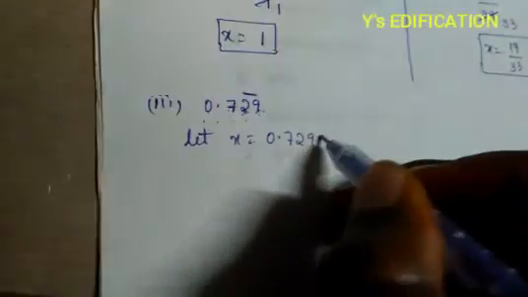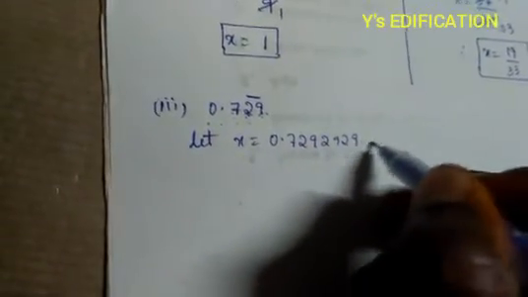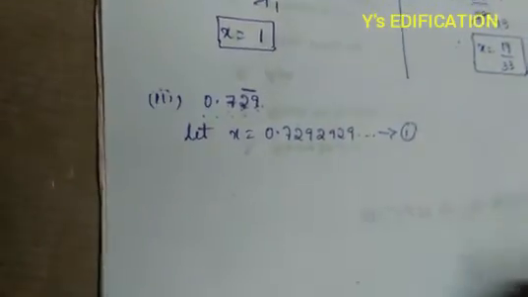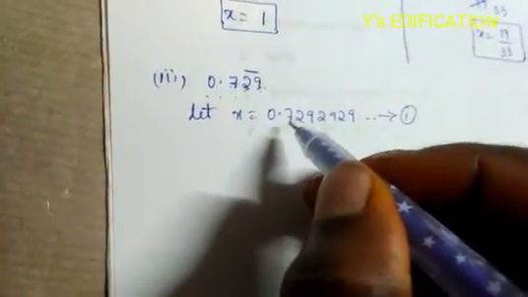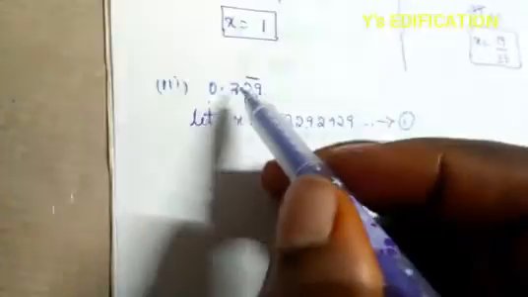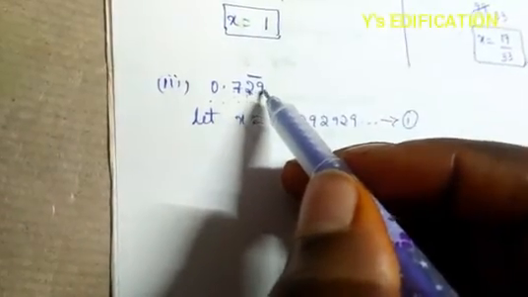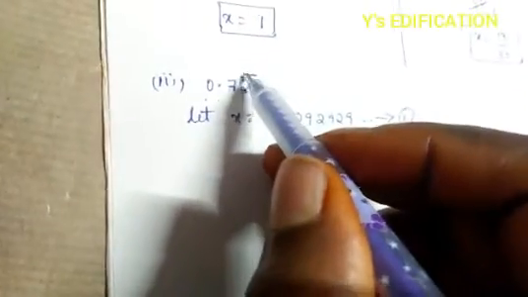So let x is equal to 0.7292929. This will be equation 1. What we have to do next? We have to multiply with 100. Why? Because the periodicity is 2.